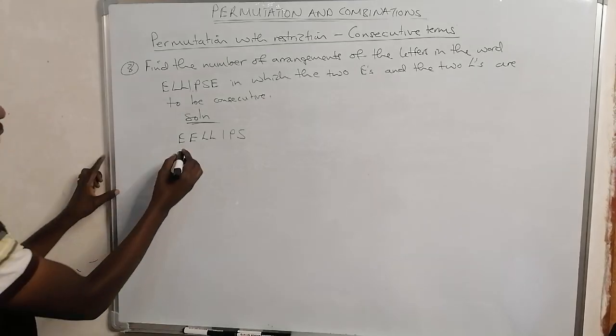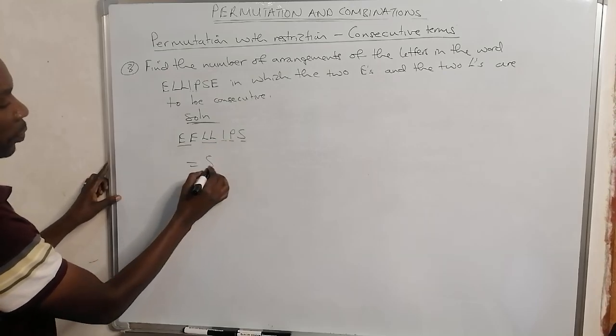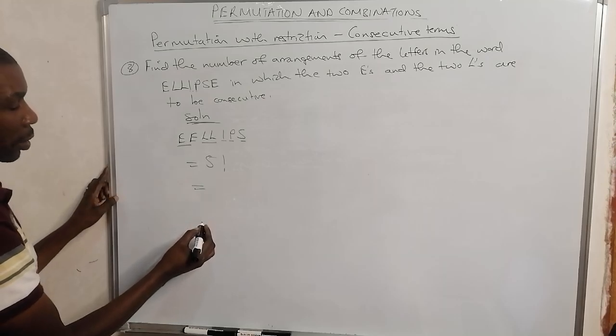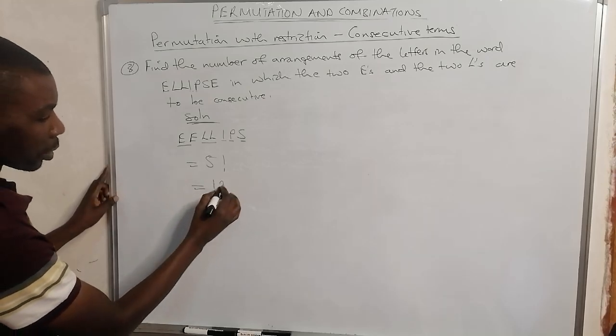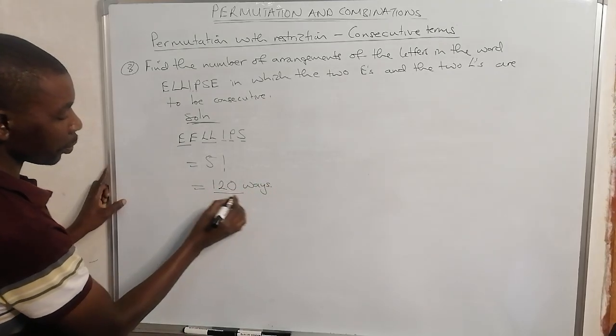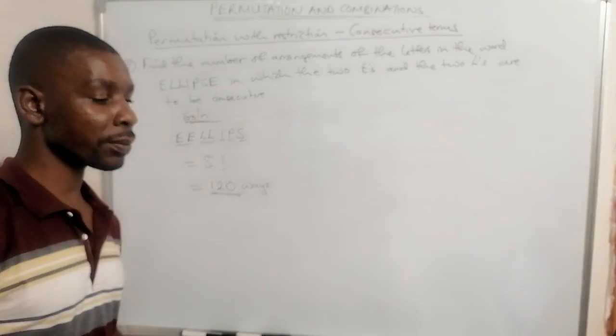This is 1, 2, 3, 4, 5. So that will be 5 factorial, and 5 factorial is 120 ways, if you punch 5 factorial in your calculator. Right, so this is how we deal with permutation with restriction, consecutive terms.